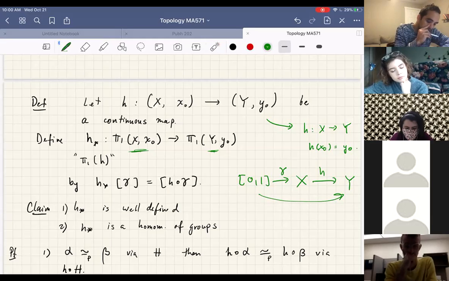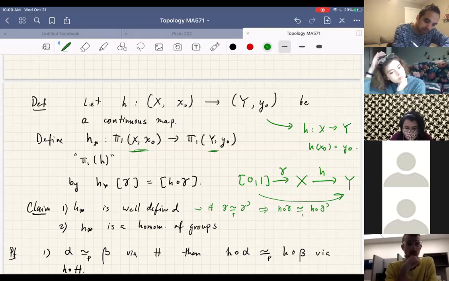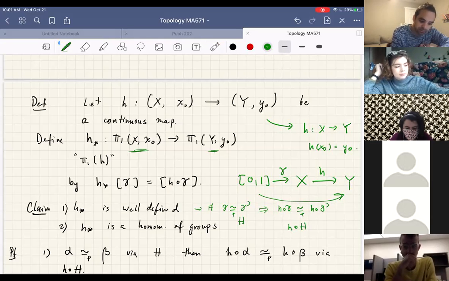Because if gamma is path homotopic to gamma prime, then H of gamma is path homotopic to H of gamma prime. So if I use a homotopy here, let's say capital H, then the homotopy here will be given by H composed with capital H, right?